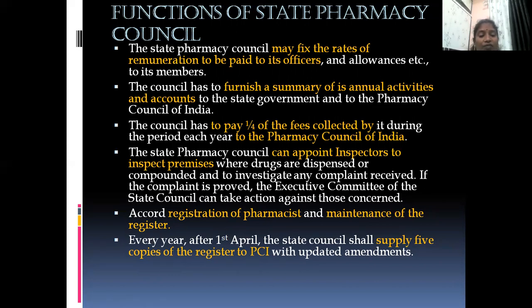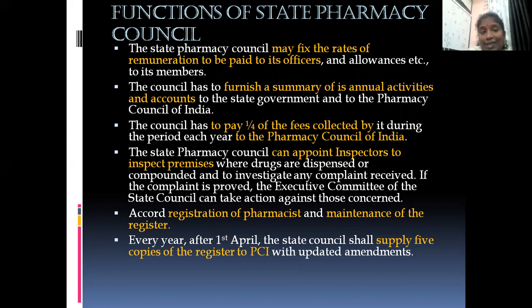Every year after 1st April, the State Pharmacy Council shall supply 5 copies of the register to the PCI, showing the activities they did.